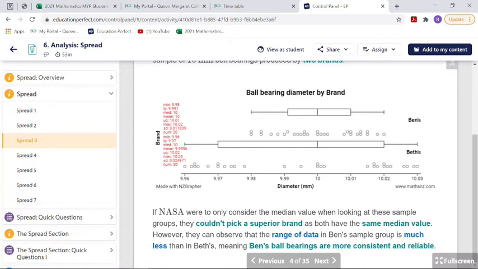No, you'd want them all to be as close to the same size as possible. So you can see that Ben's has the smallest range, therefore his are more consistent. There's less variability. So if you were going to be talking about this, you would want to buy the ball bearings from this supplier. Yeah? Because with this one, you don't know what you're going to get as much, right? So if you were going to pick a superior one.